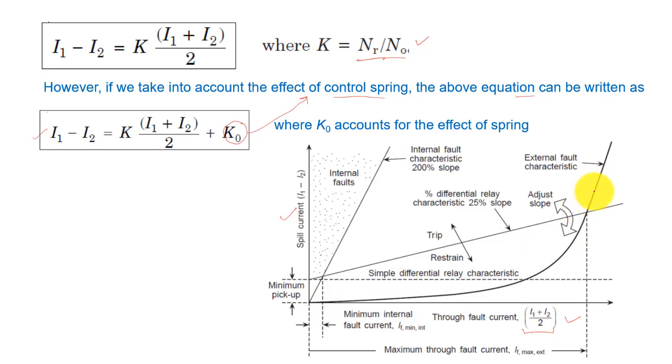As the external fault current increases, the spill current suddenly becomes very high because of the increase in the magnetizing current, because the core of the CT becomes saturated during high through fault current.